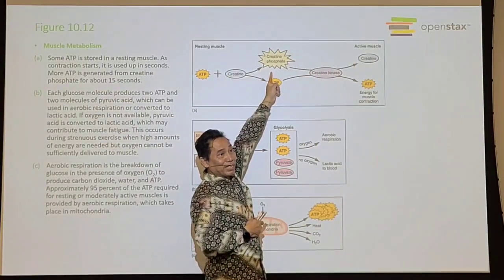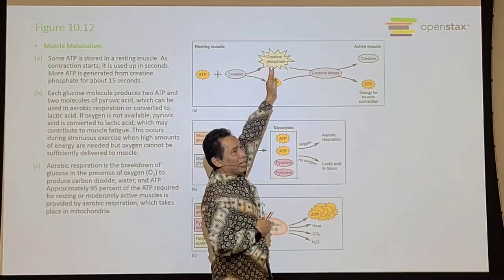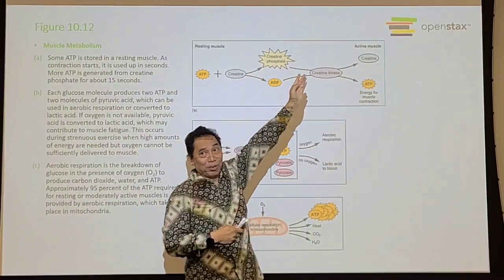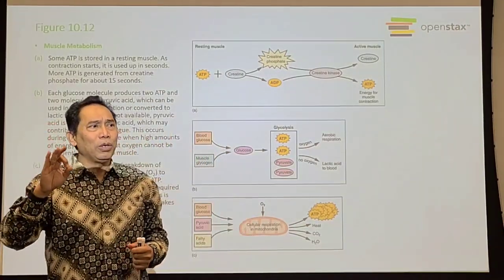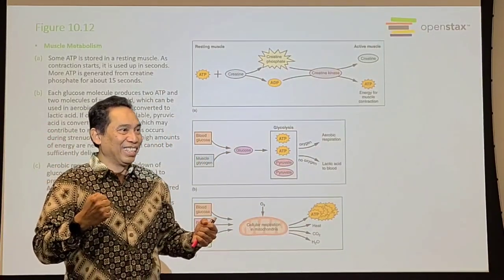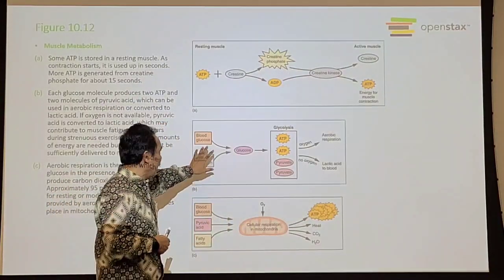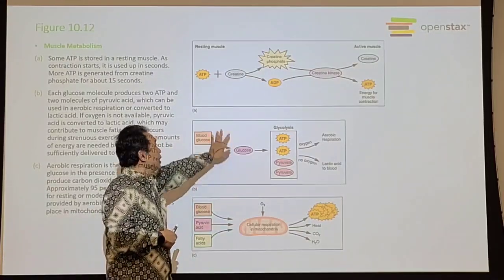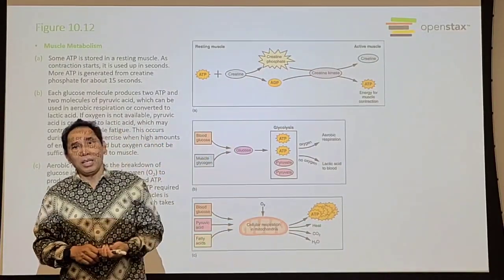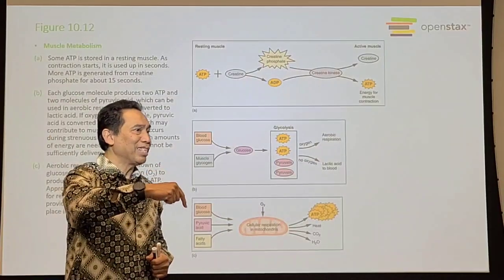This is going to be the first ATP used for the first contraction. Are you with me? So it's not coming from glycolysis or cellular respiration yet, but from the ATP and creatine phosphate available in the muscle cell.